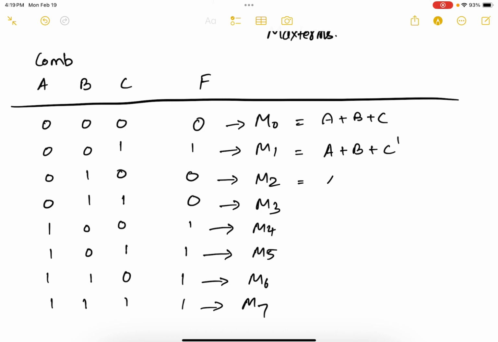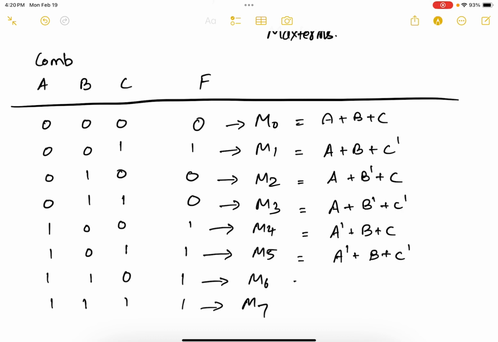This corresponds to A or B prime or C, A or B prime or C prime, A prime or B or C, A prime or B or C prime, A prime or B prime or C, and this is A prime or B prime or C prime. Right, so this combination is 0, 0, 0, 0, 0, 1, and so on.